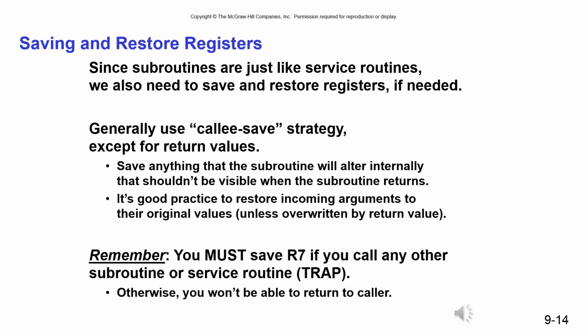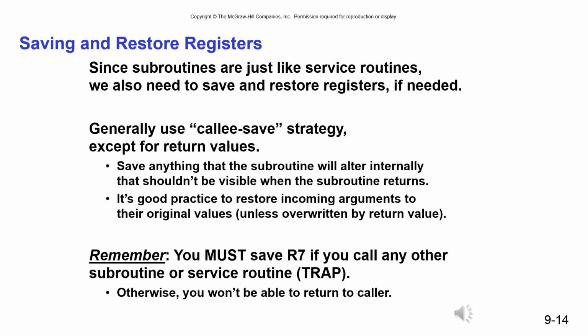Saving and restoring registers is a concern, just as it is with the service routines and R7 and R0. Since subroutines are just like service routines, except that they live in user space, we need to save and restore registers if they're needed.